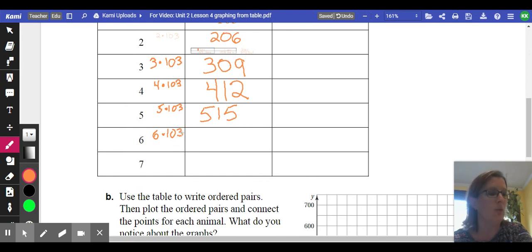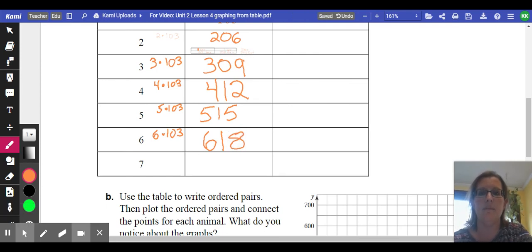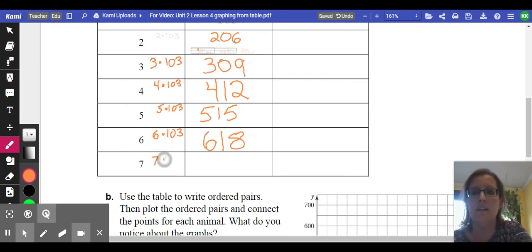So 6 times 103 will be 618 feet. And then the last number in our column, 7 seconds. 7 seconds times 103 feet will be 721 feet.